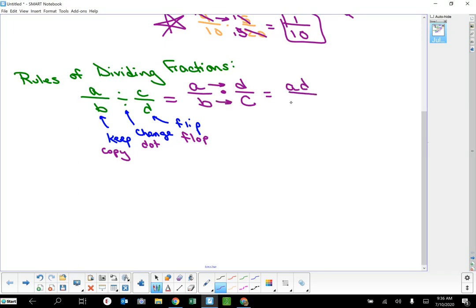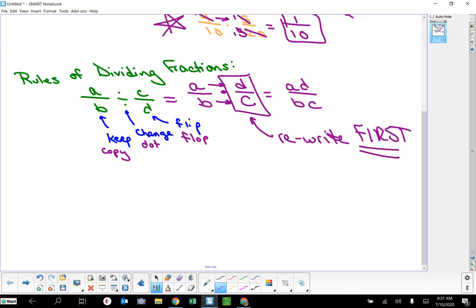So A over D times B over C. So the flopping or flipping, whatever, has to happen before any reducing or canceling. Make sure that you rewrite these first before you do anything else.